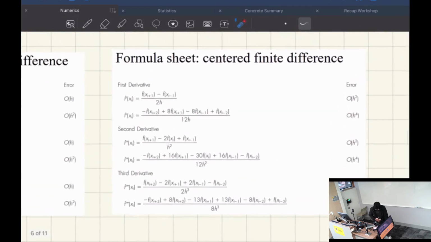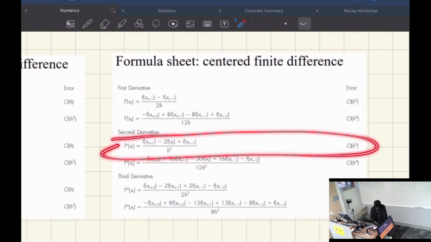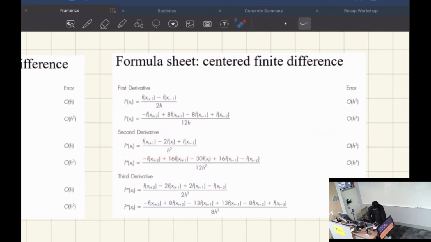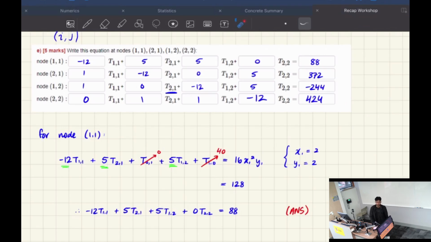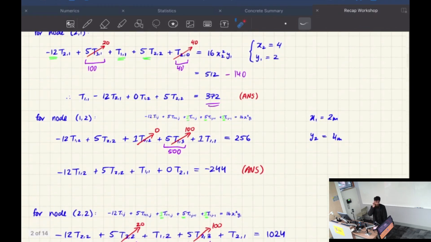Yeah, they said use order O(h squared), this one over here. I'm sure they would give it to us, because there's no way we would just have to assume something else. And if you get it wrong, they haven't taught it to us either. Okay, can I move on to the next part, by the way?